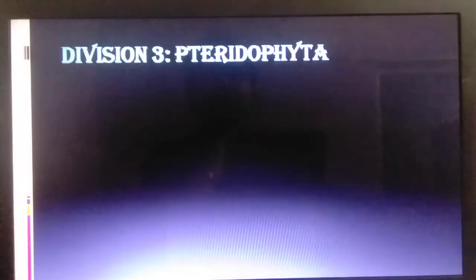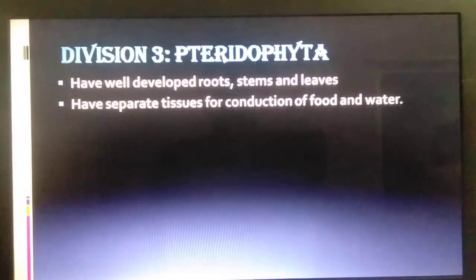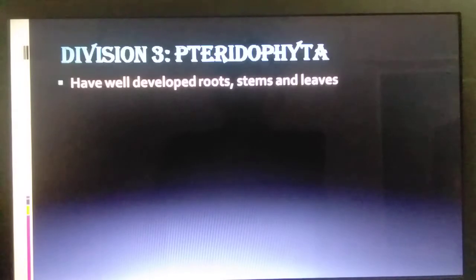Next, let us go for the next division, that is division number 3 and the last division of cryptogams. So division Pteridophyta. Division Pteridophyta has well developed roots, stems and leaves. Now you see, thallophytes have no roots, no stem, no leaves.